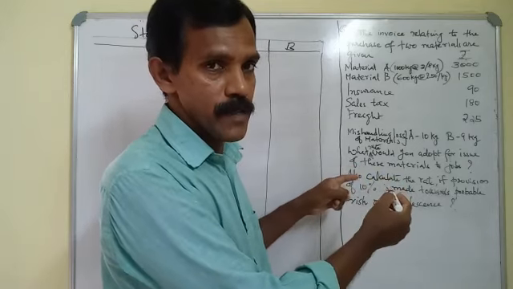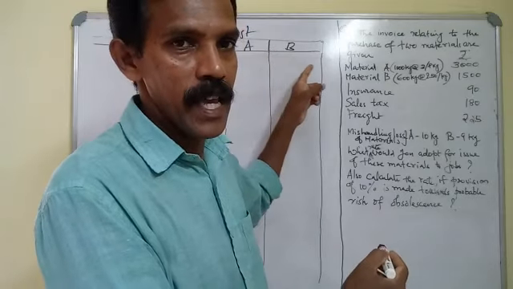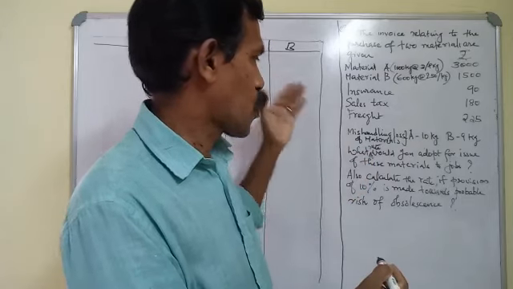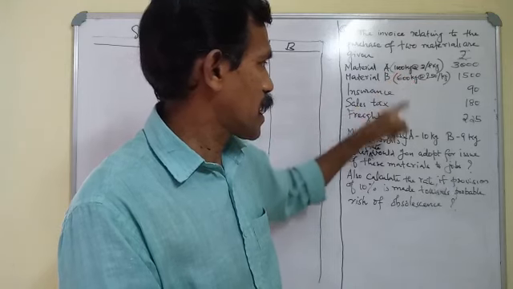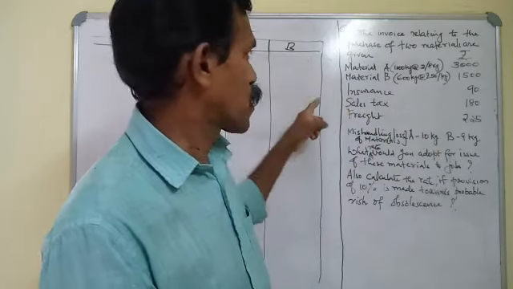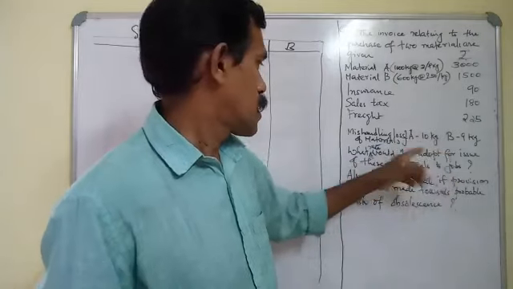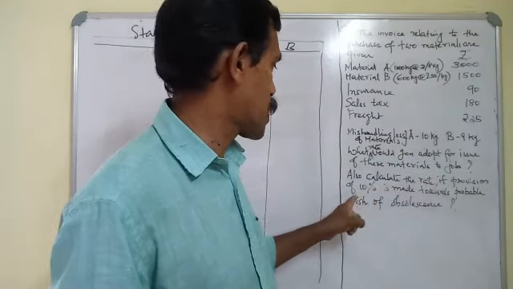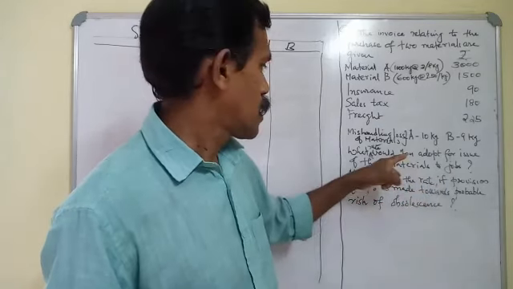What we want to do is this: first of all, we will find out the cost of materials A and B after doing all these adjustments, and then divide that cost by 990 kilograms in case of material A, and in case of material B, the total cost by 591 kilograms. Then our second portion is this: also calculate the rate if a provision of 10% is made towards probable risk of obsolescence.